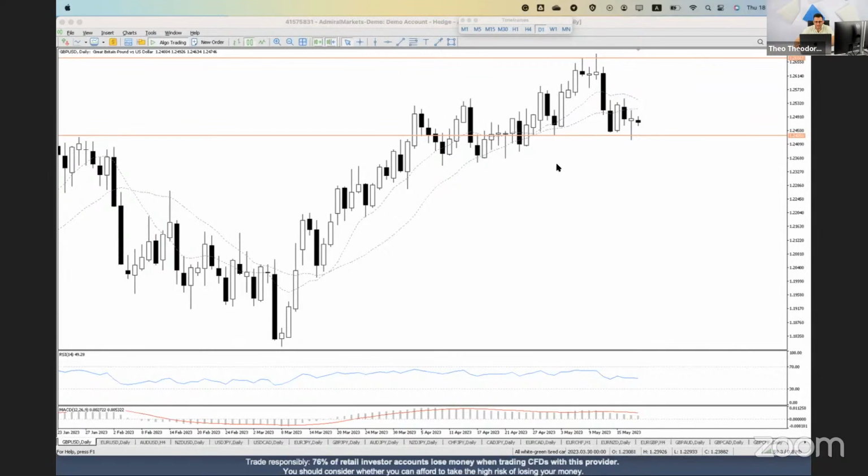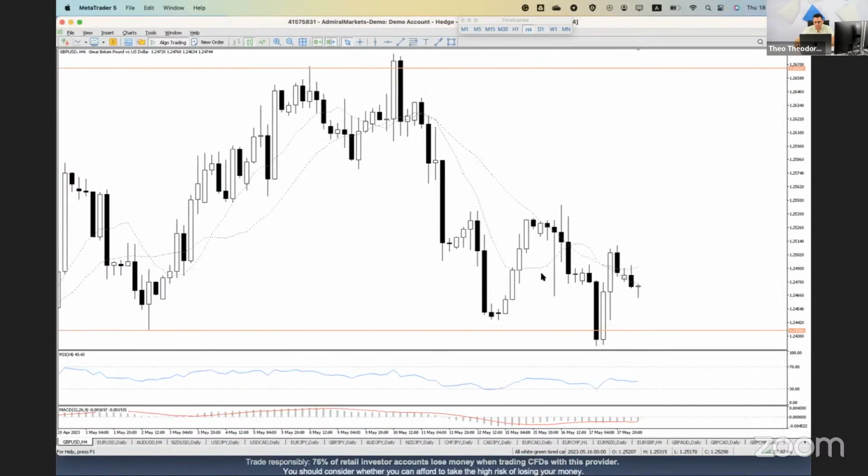So I would expect to see some more continuation to the downside based on this development. Now, on the lower time frame for our chart, we clearly have this lower low here. We created this lower high, so we may see the price move lower.